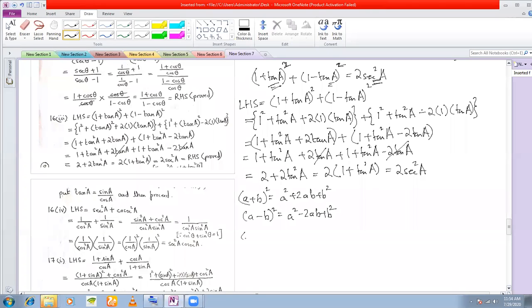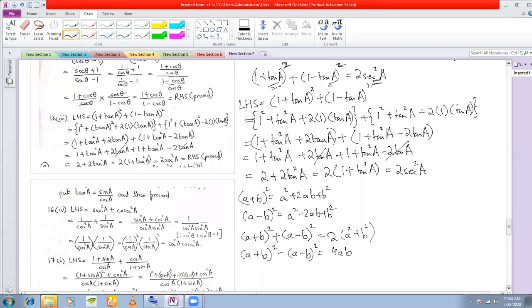It will always help if you remember a combination of these two formulas also. It will not only help, but you have to. It is better you remember now. The sum of the two is 2 times a square plus b square, and the difference is 4ab. Okay, it will always help.